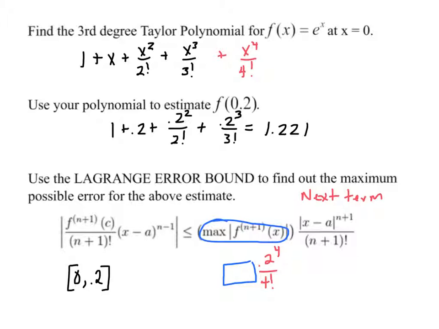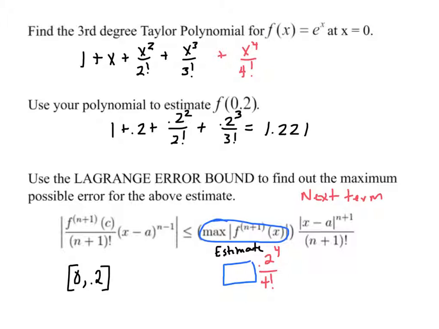Now here's the thing. This value is really an estimate. And it's an estimate because if you knew what the maximum value of the derivative was, then why wouldn't you be able to just calculate e to the 0.2, right? Why wouldn't you be able to just do that? So this is an estimate, of course.